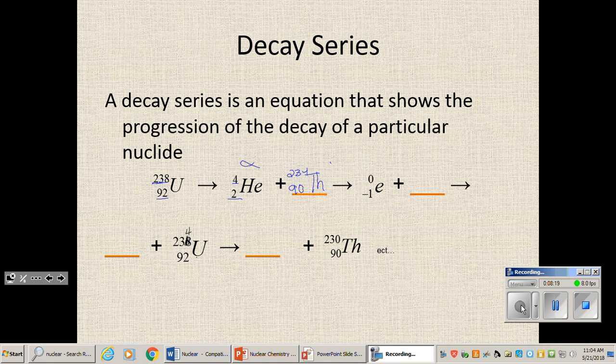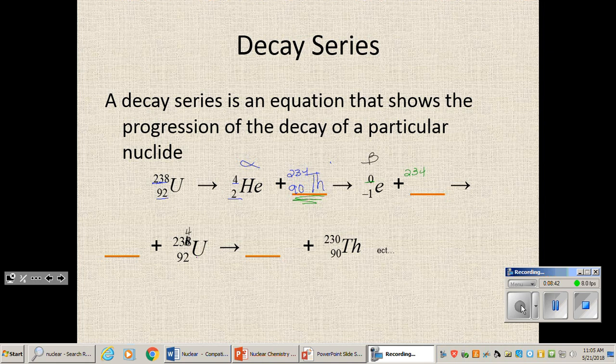The other thing we can see there is that it undergoes several decays, and the second one is a beta decay. It's losing an electron. So now we have this element thorium, whose mass is not changing, so 234 is still the mass.